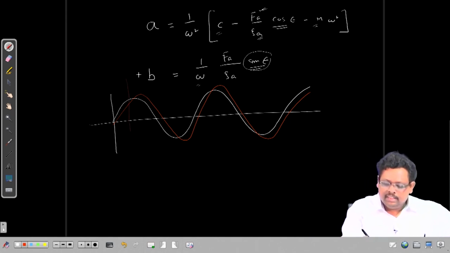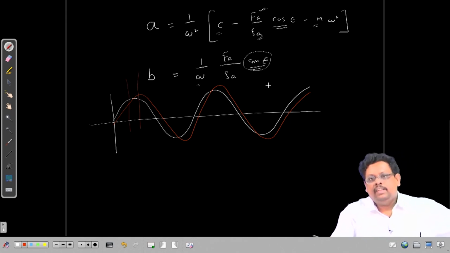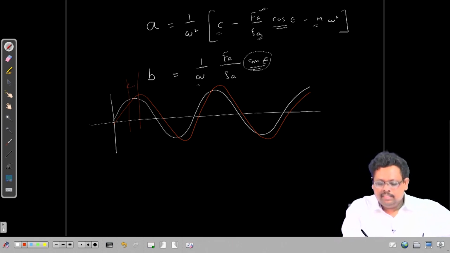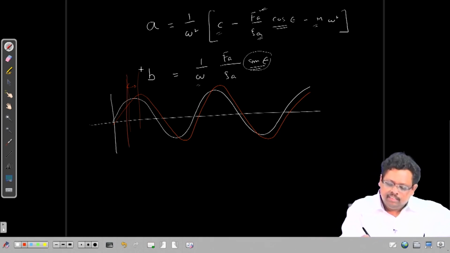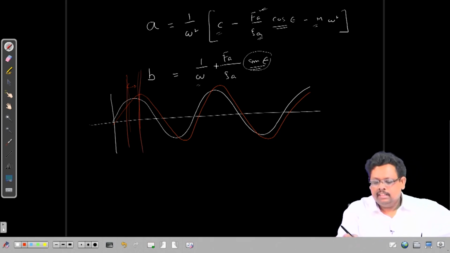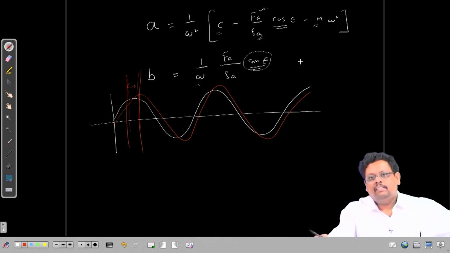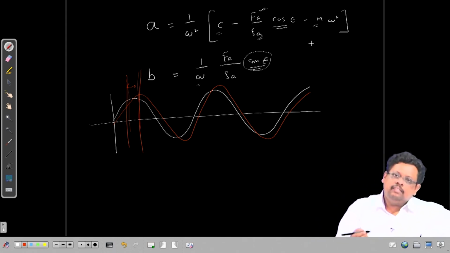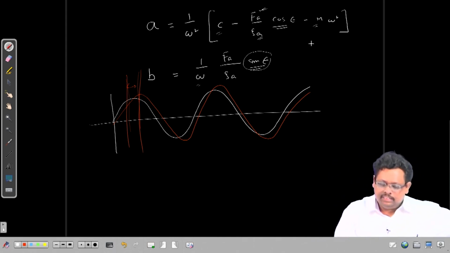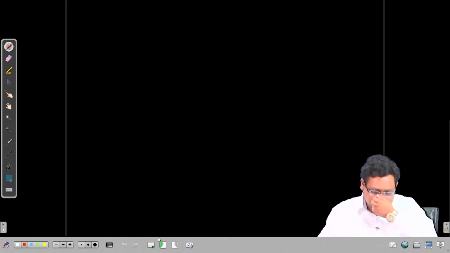Otherwise you need to integrate, averaging over the time period, to get sin epsilon and cos epsilon, but the best way is to take the two signals, do the FFT, and get the phase. Okay, so this is what we discussed from the last class.